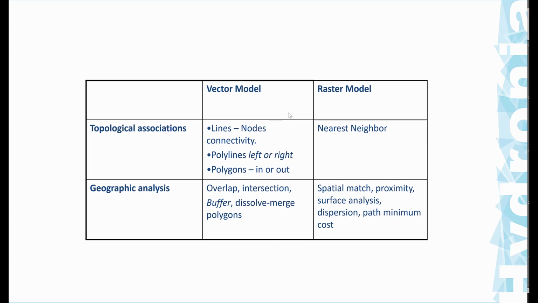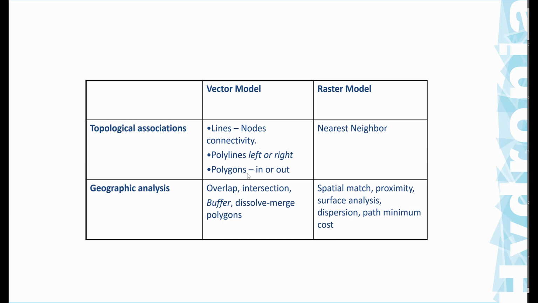The vector and raster models also have some differences related to topological associations. For instance, in the vector model, you only are allowed to have lines, polylines, or polygons. But the fact that you can have those allows you to make connections or relations. For instance, with nodes, you can understand the node connectivity with other nodes, or with polylines, you can analyze which is the left side or the right side of the polyline, depending on the direction you are traveling through that polyline.